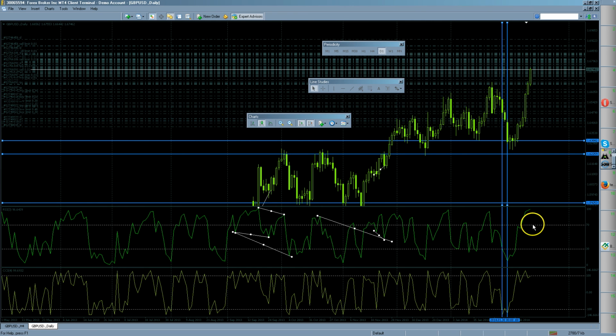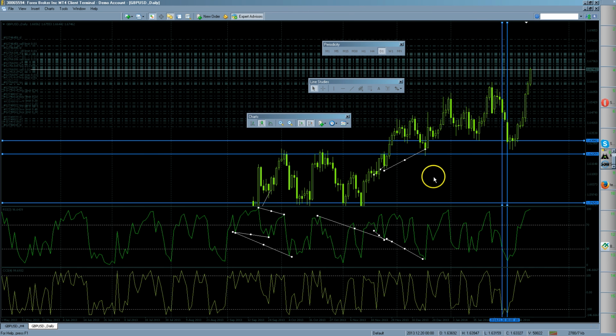But yeah, so this thing here. Of course, on the weekly, this is probably an amazing reversal here. We have this inversion, and it's holding up pretty well.